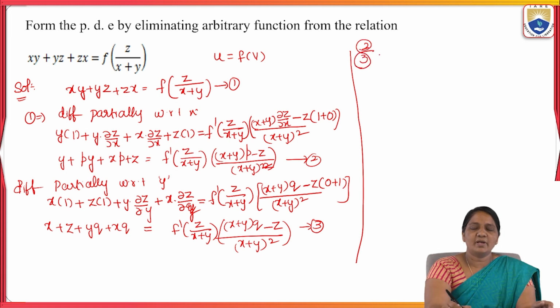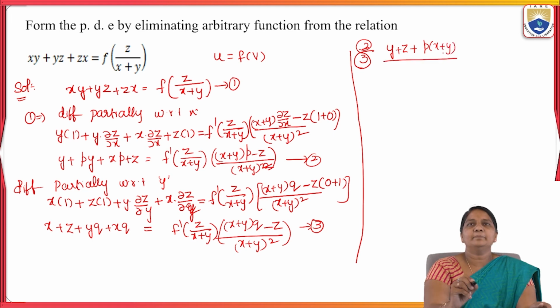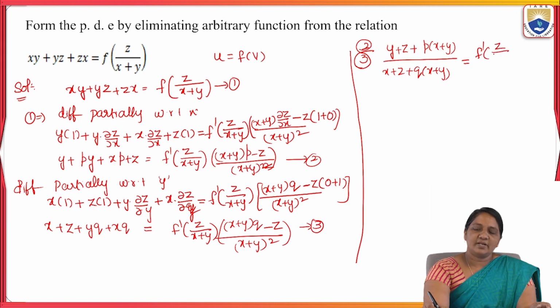Equation 2 divided by equation 3. So y + z + p common, (x+y), divided by x + z + q common, (x+y), equals f'(z/(x+y)) divided by f'(z/(x+y)).